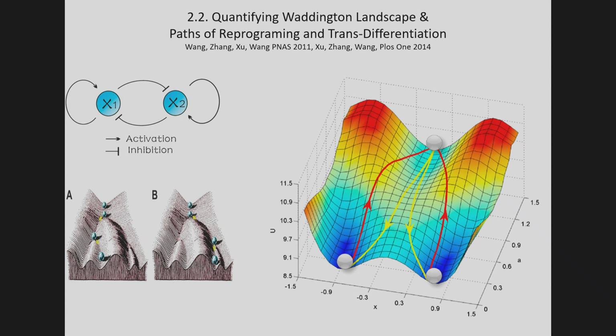And one thing important to note is that this is a basin rather than a slope, different from Waddington, and also forward and backward paths are quite different. So in this way, we can quantify the differentiation path, which is the forward path, and also the backward path, which is the reprogramming path for tissue regeneration.